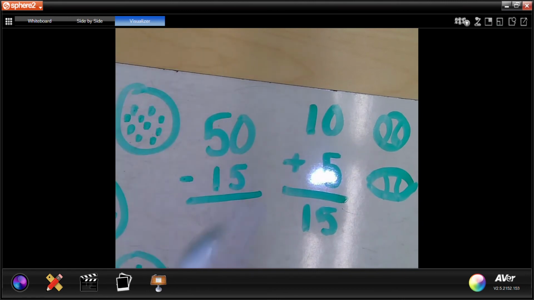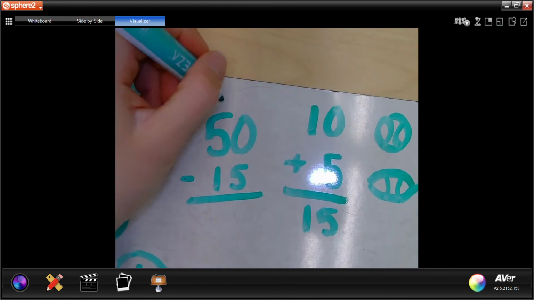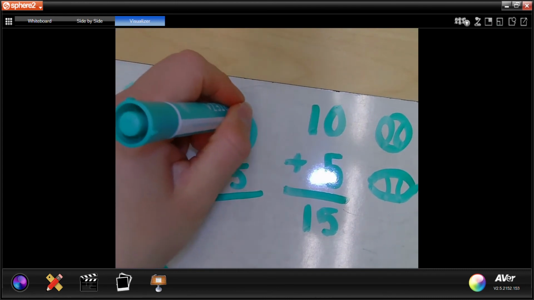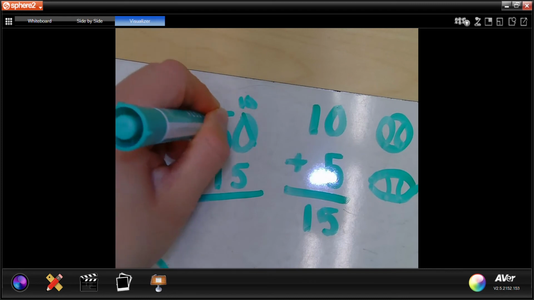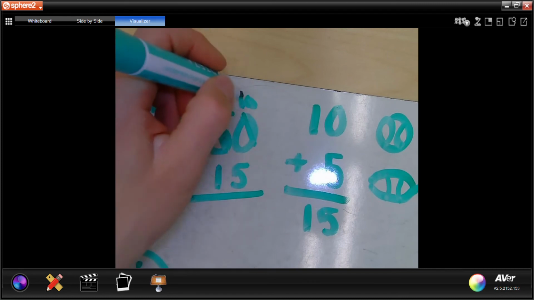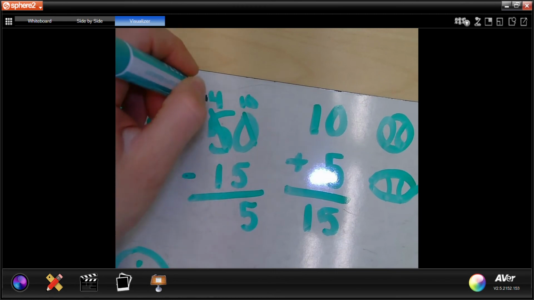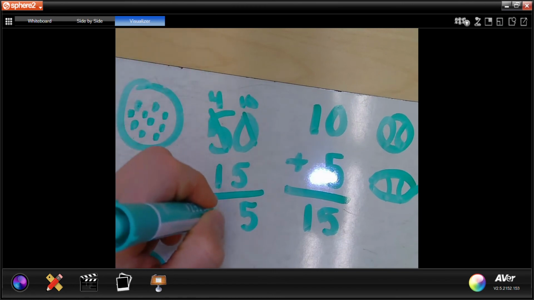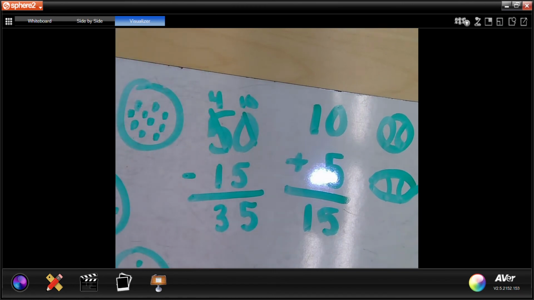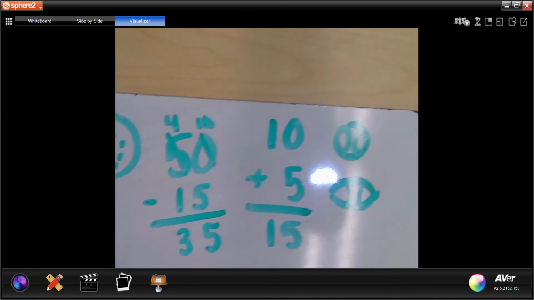So 50 minus 15, you make this a 10, and then this becomes your 4. So 10 minus 5 is 5. Then you have your 4 left over. Subtract 1 is 35. So how many more basketball cards than baseball cards does Jerry have?